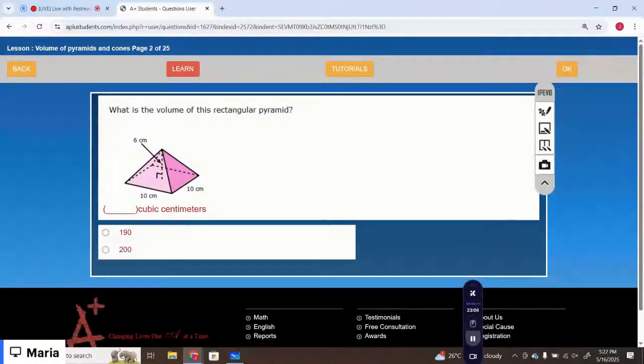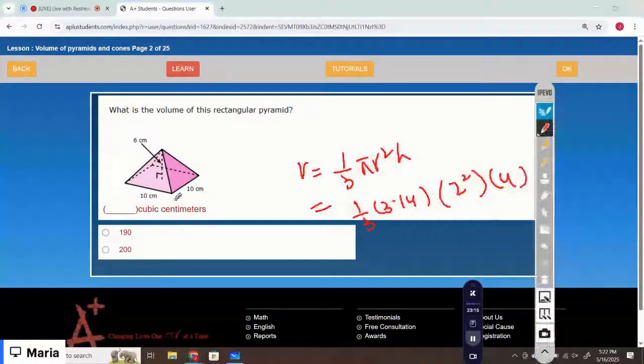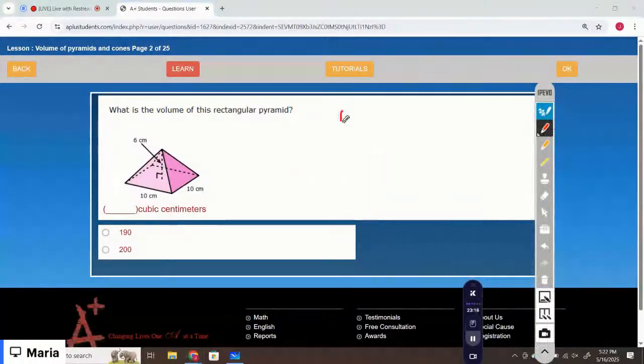What is the volume of the rectangular pyramid? Let's just calculate the area of base first. So the area of base is 10 times 10 equals 100 centimeters squared.